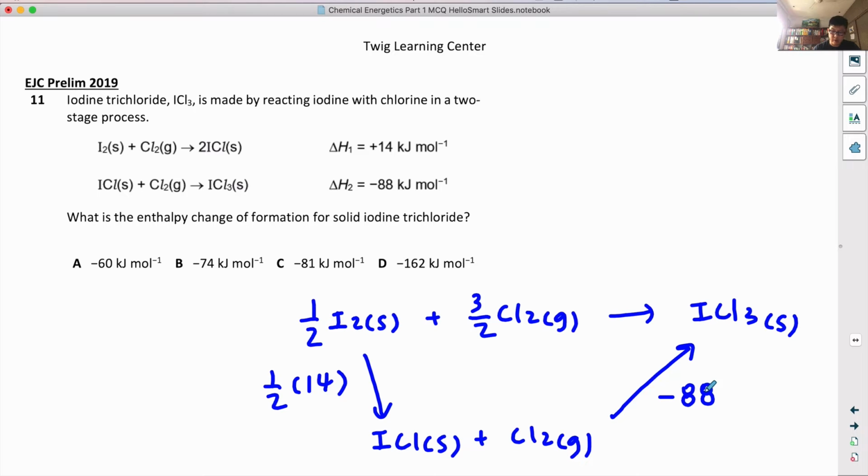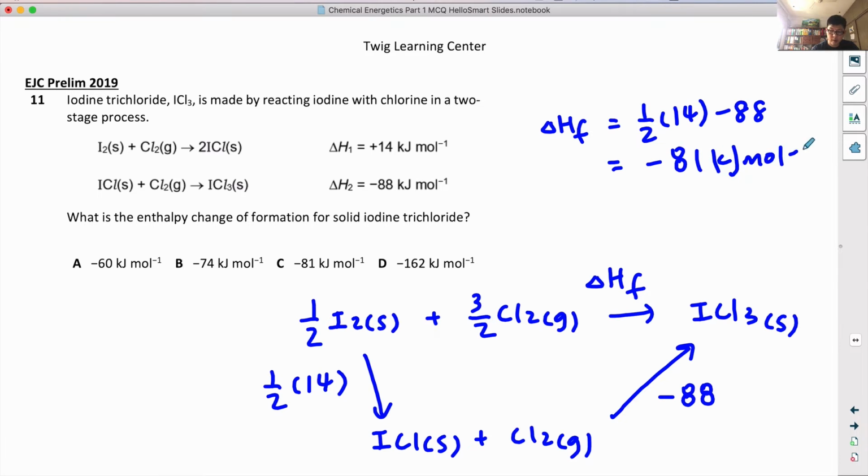So you can actually find out the formation of solid trichloride. You can work it out very neatly. So change in Hf equals half of 14, which is 7, minus 88. This will give you a value of minus 81 kilojoules per mole. So the answer is C.